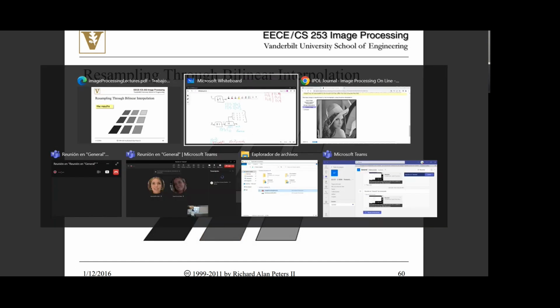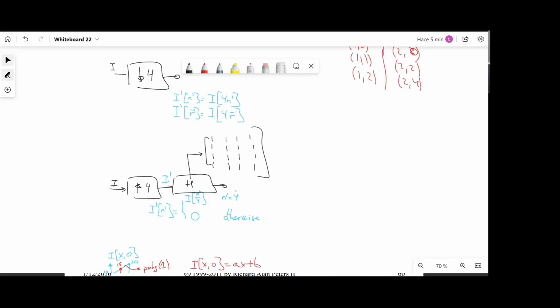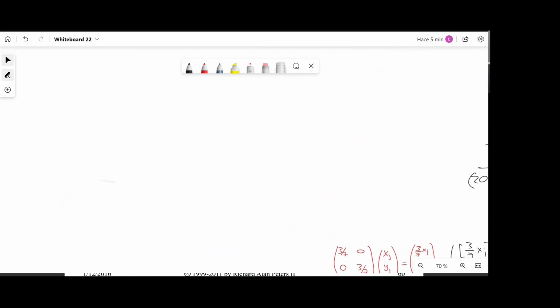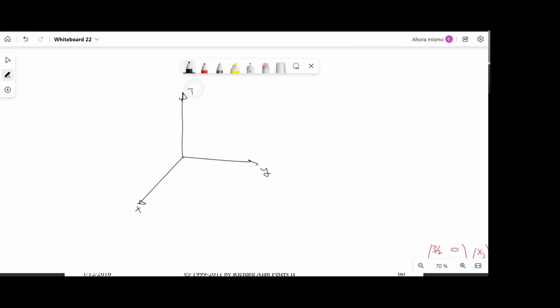How do we know that we have only one plane? Let's think of that. We have X, Y, we have the intensity, and we have a plane.